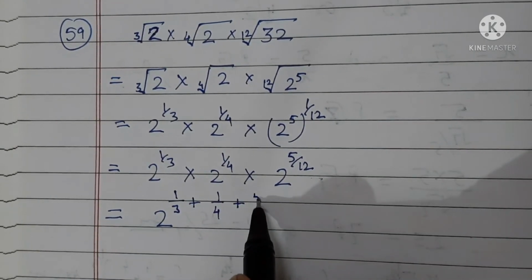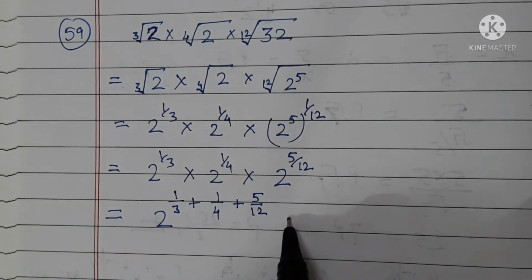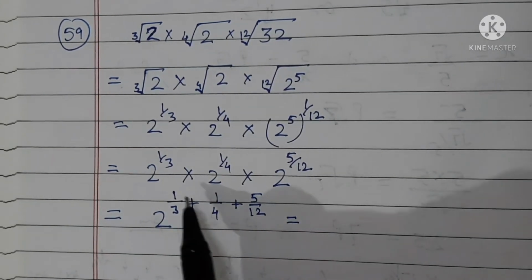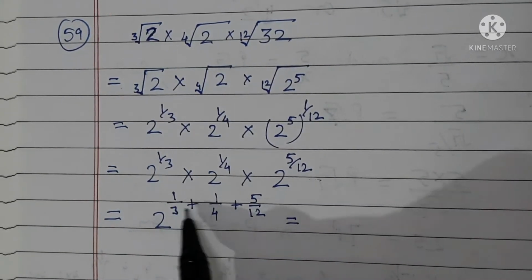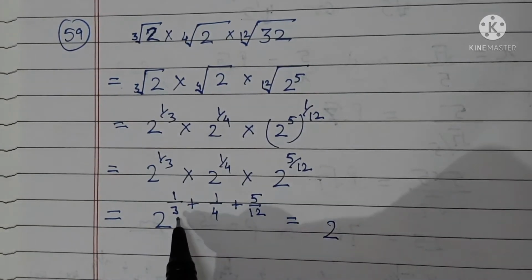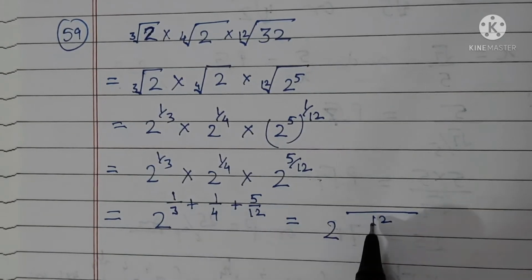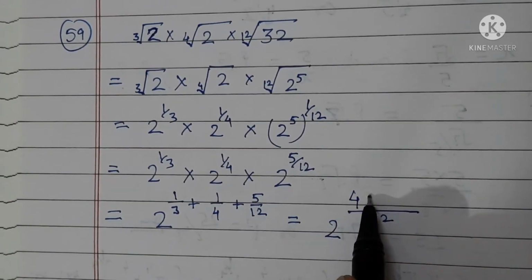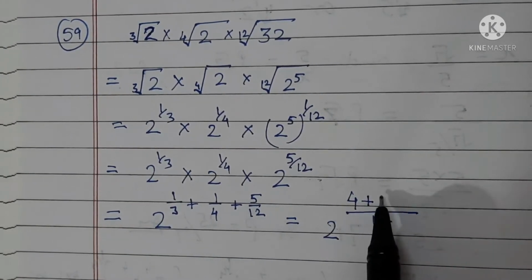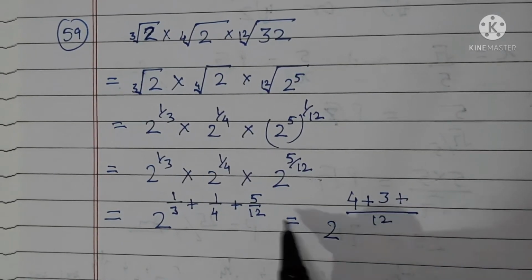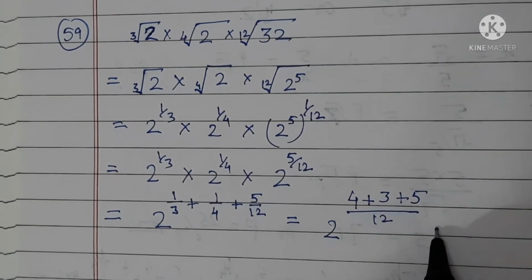plus 5 upon 12. Take LCM, for adding these powers in fractions. So LCM will be 12. Now 3 4s are 12. So here 12 plus 4 3s are 12, 3 plus 12 1s are 12, 5.